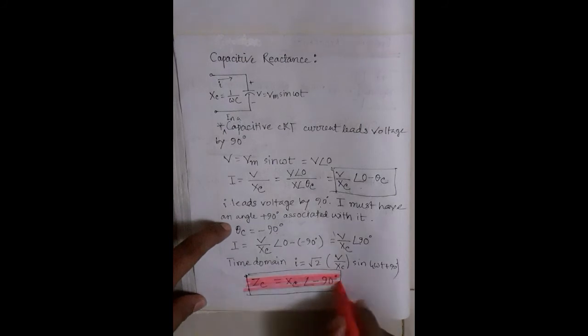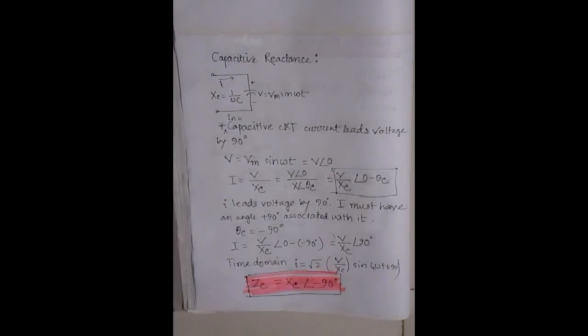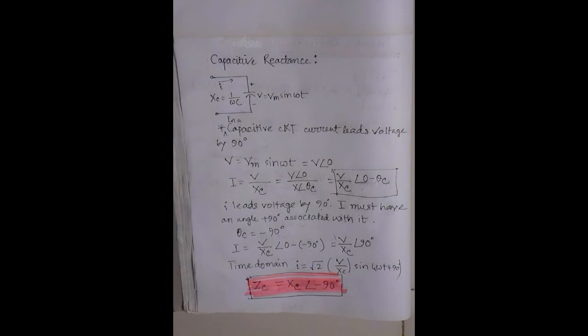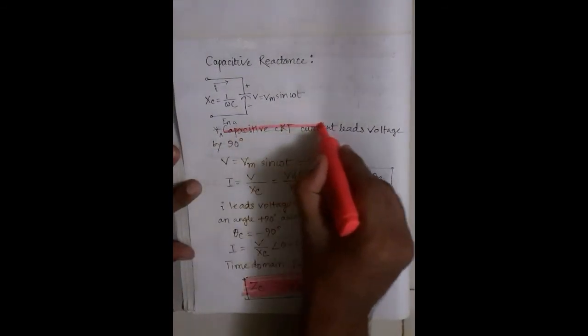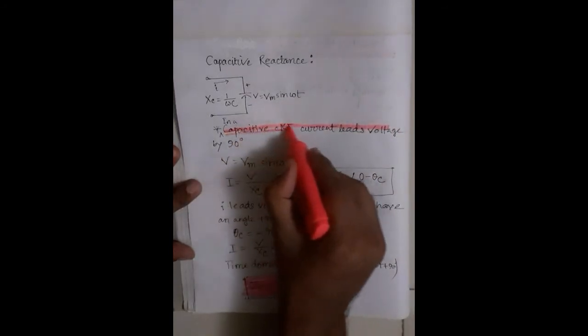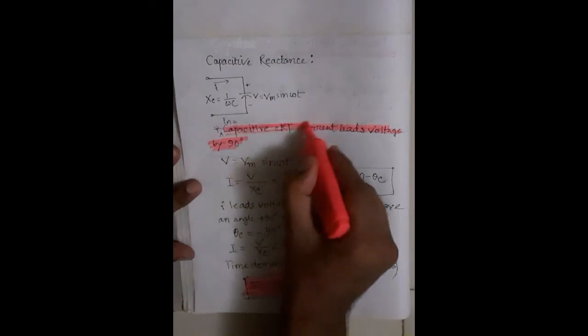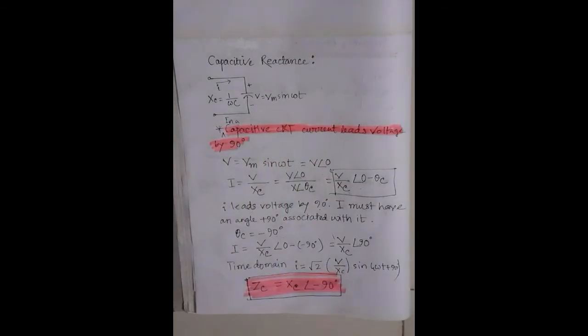The first one is that ZC holds a value of XC at minus 90 degrees in a capacitive circuit. And this one is also handy: current is leading the voltage by 90 degrees in a capacitive circuit.